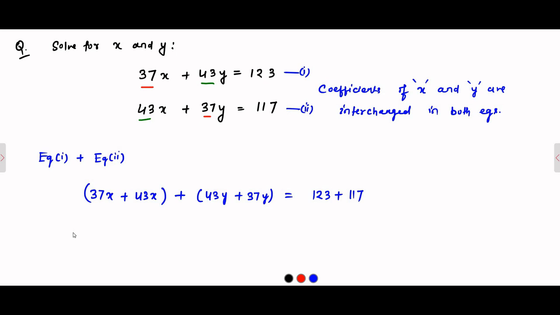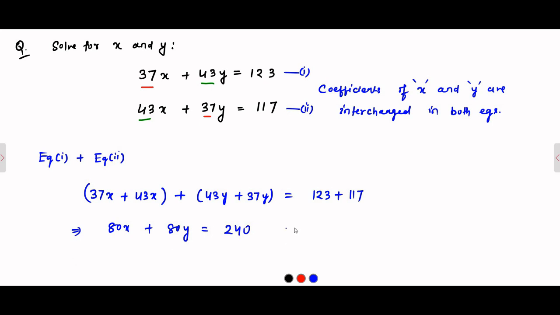That implies 80x plus 80y is equal to 240.